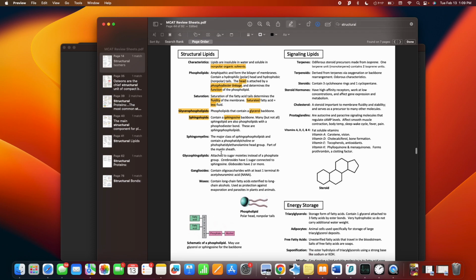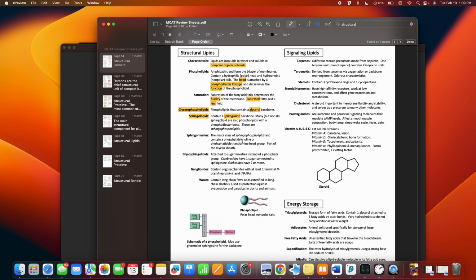The sphingomyelins are the major class of sphingophospholipid and contain a phosphatidylcholine or phosphatidylethanolamine head group. They're part of the myelin sheath. So we know these sphingomyelins are in the myelin sheath.